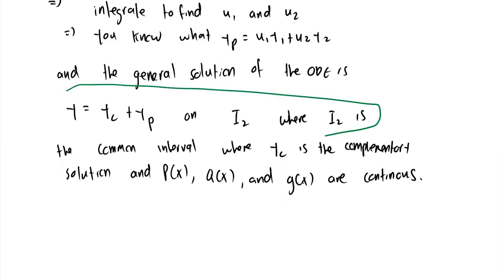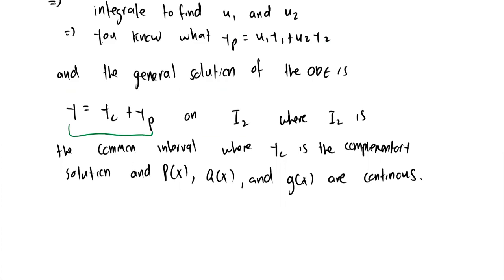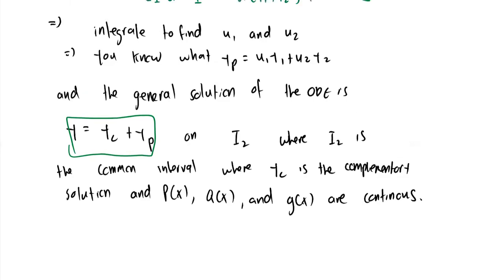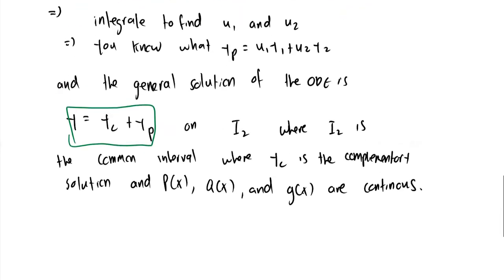Now, why did I square the whole thing? Let me focus on what the solution is. Again, the interval matters, but since I wrote everything in black, which I shouldn't have, I wanted you to put your attention on what the solution is. So what that means is we can solve any second order ODE that's linear.